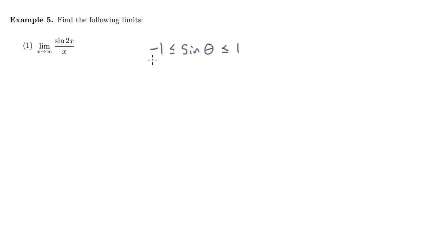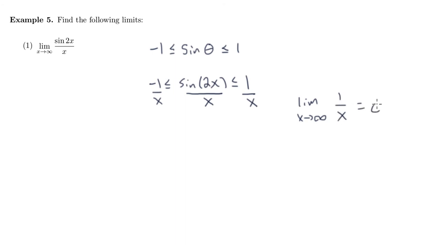So first of all, let's replace theta with 2x. So I'm just letting theta be 2x here. This is still true. Now what I can do is I can actually divide everything by x. And recall that the limit as x goes to infinity of 1 over x is 0.